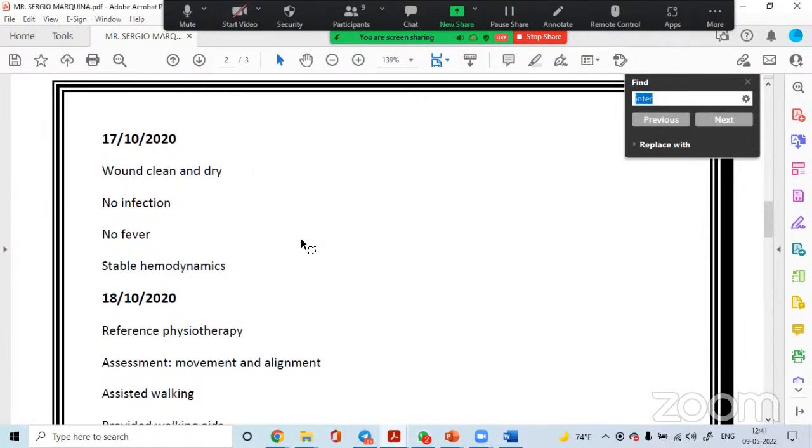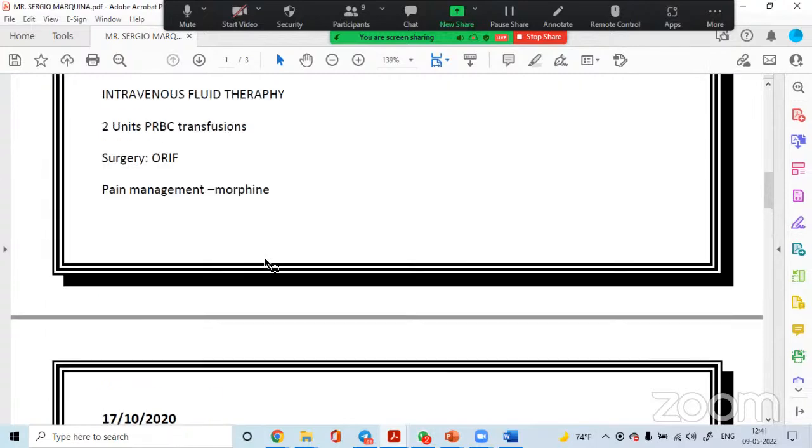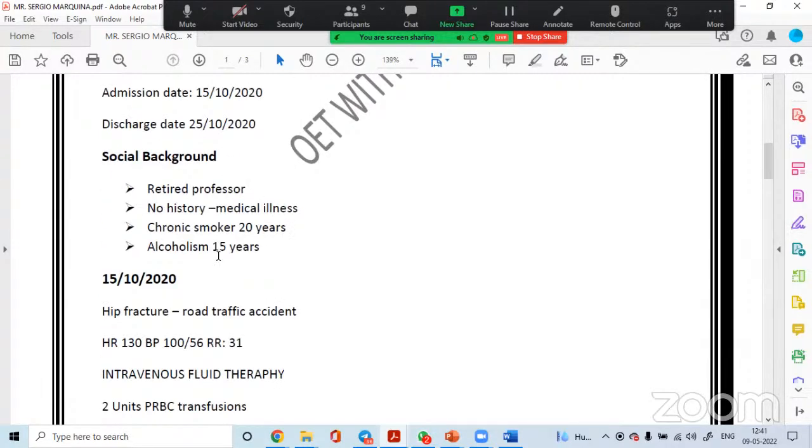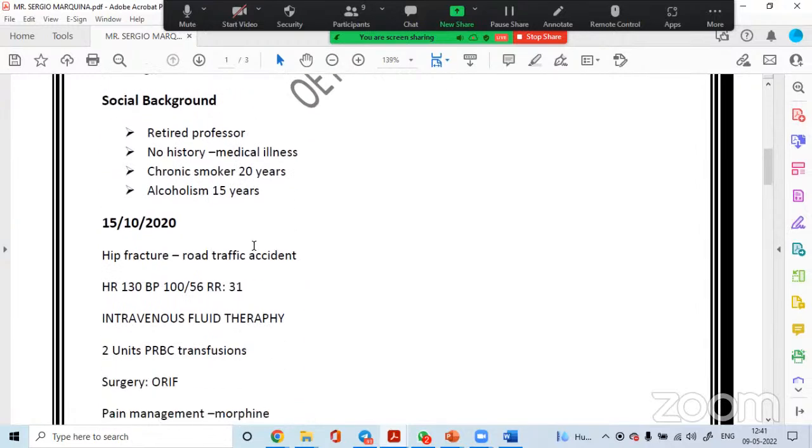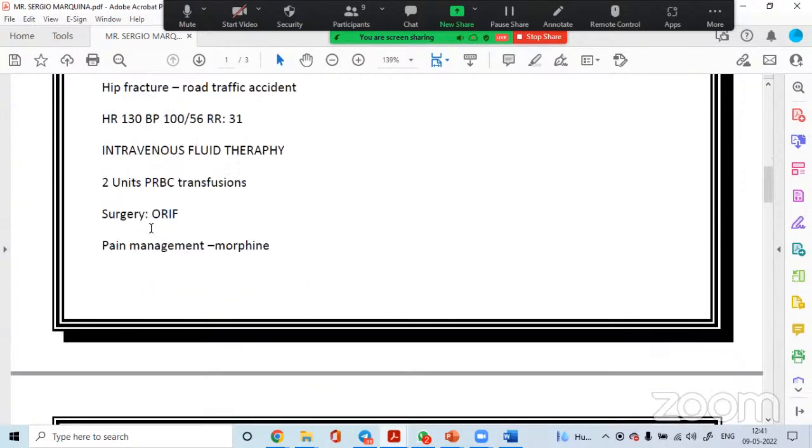Open reduction. Okay. Right. So here it is. Surgery.